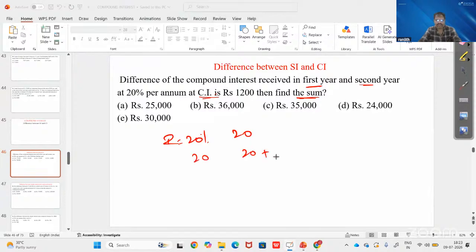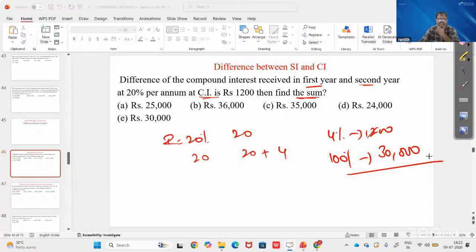The extra we are getting is 4 percent. So 4 percent equals 1,200. We don't know the sum, so we take 100 percent. In the 4 table, 12 is 3 times. That equals 30,000. Answer equals 30,000.